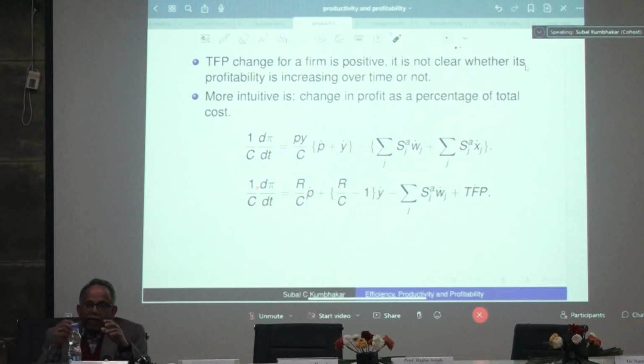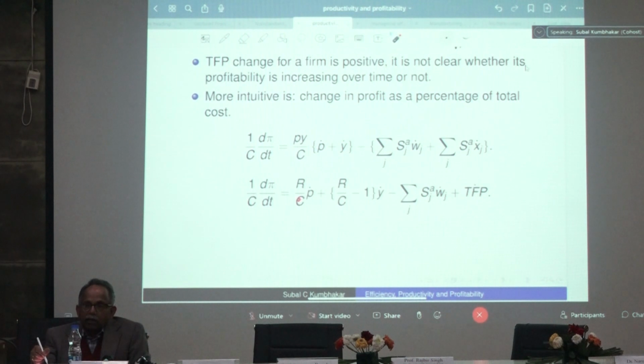Here your life is a lot easier in explaining what is happening to profitability, because that is a physical measure of productivity change as well as the financial measure coming from change in input prices that is given in here and change in output prices.